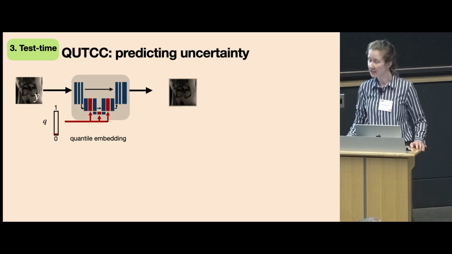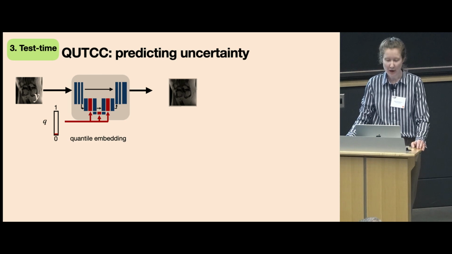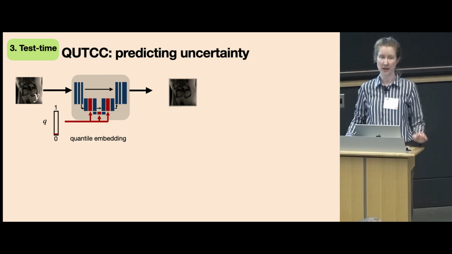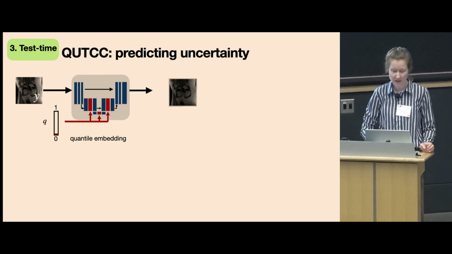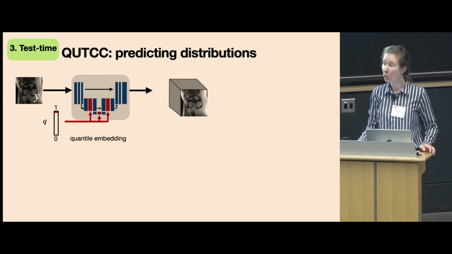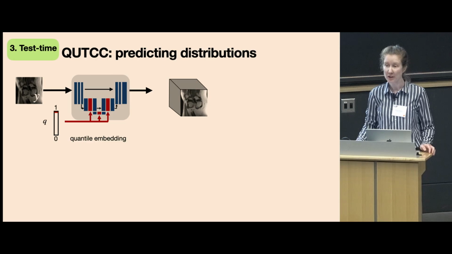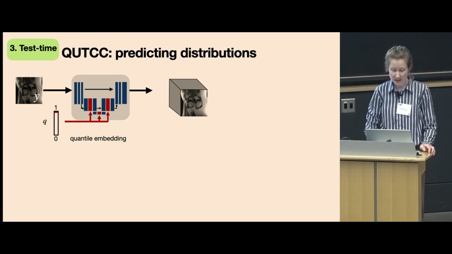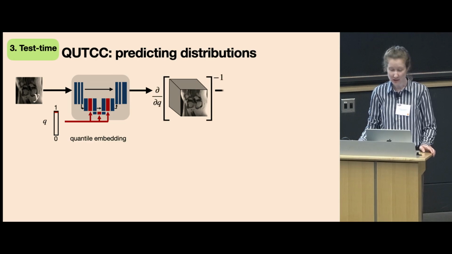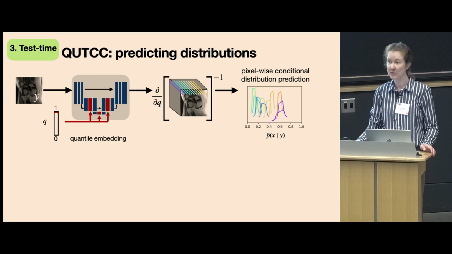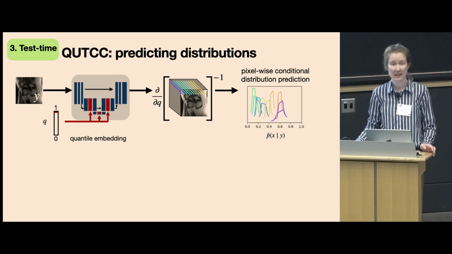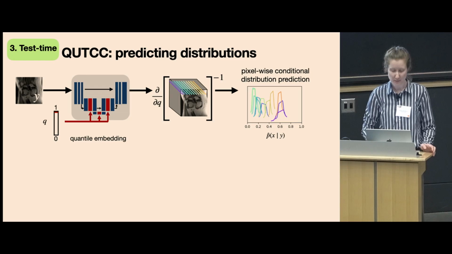The other exciting thing is now we actually have a way to predict any quantile. So we could actually query the network with multiple different quantiles and build up the entire quantile function of the prediction. This is related to the conditional distribution. So with a little bit of math, we can actually predict P of x given y from this network and get some notion of the distribution at each pixel in our reconstruction.